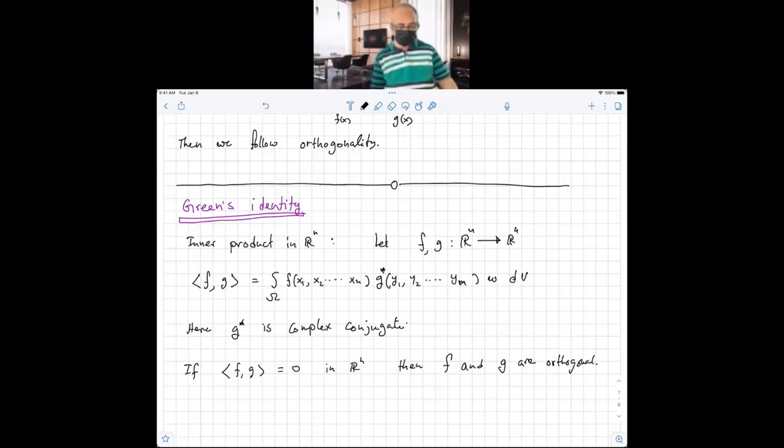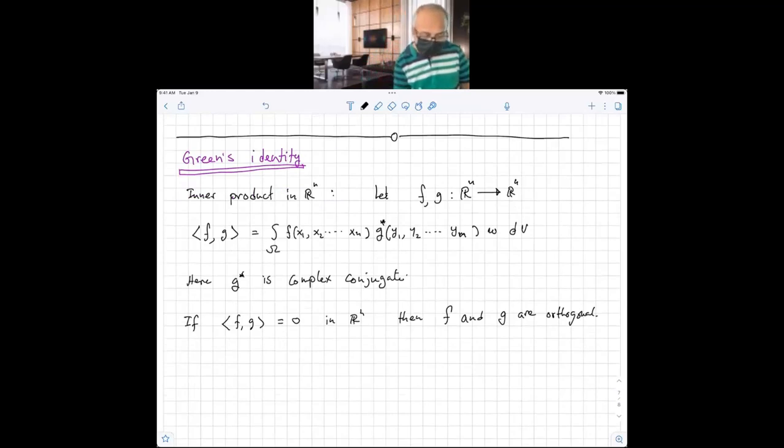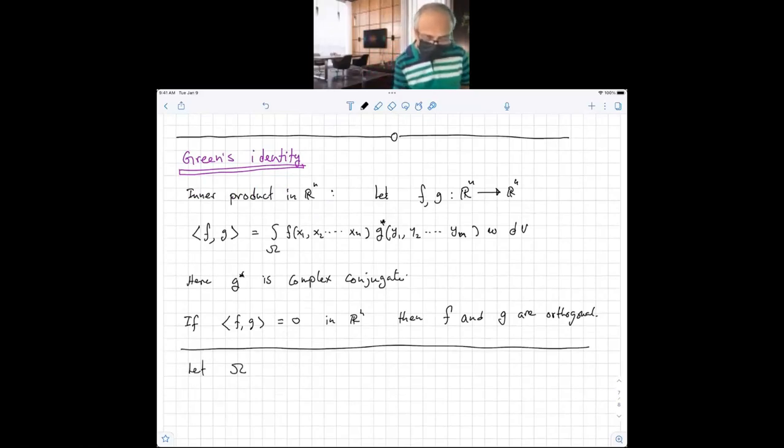If I have those ingredients, and maybe just for clarity, let's define what the symbol omega means. Omega will be a subset of Rn, connected, or maybe you can say simply connected, and closed.